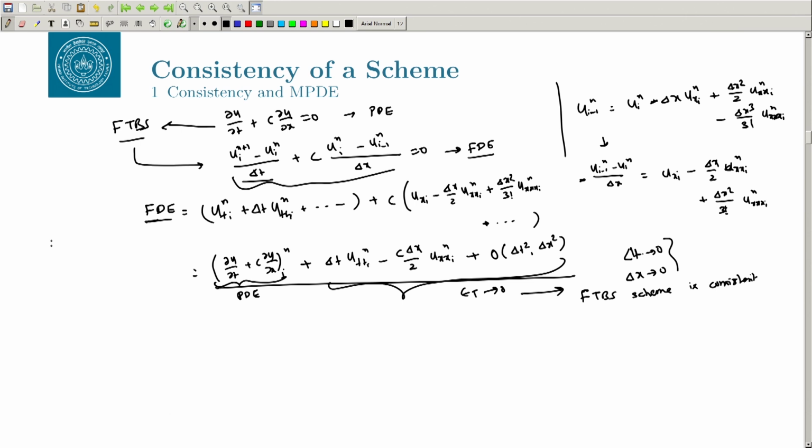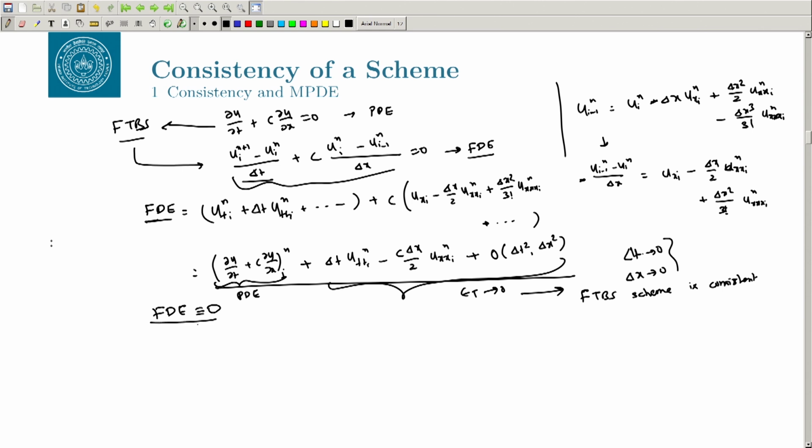Now, let us look at what exact PDE that numerical scheme is solving. That is the modified PDE. So, how do we do that? We will say that my FDE basically identically goes to 0.